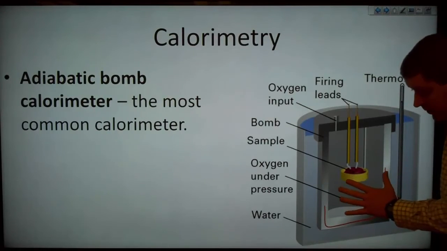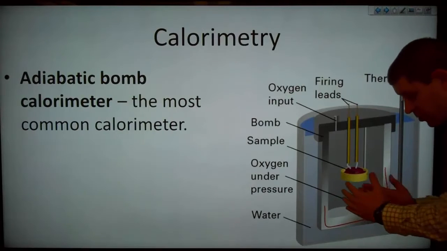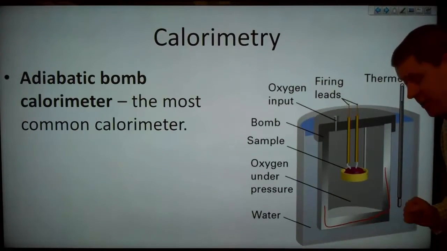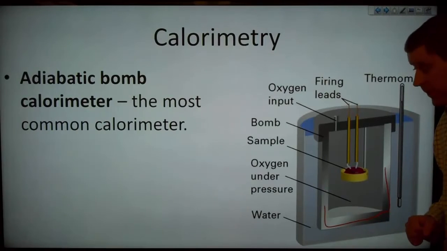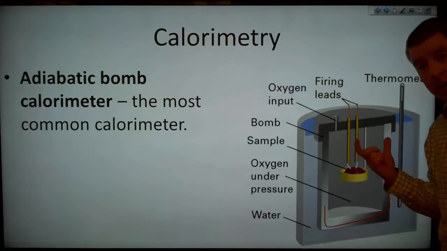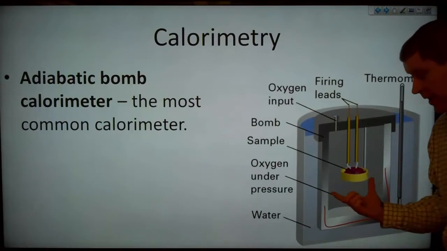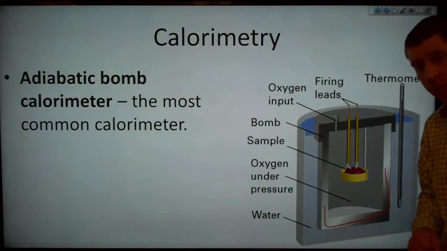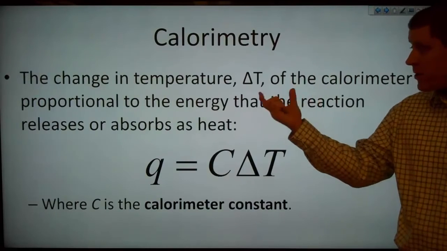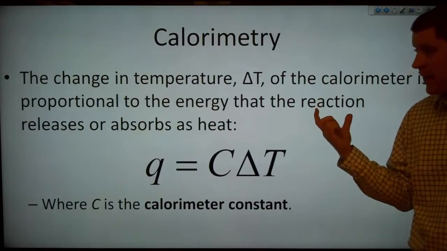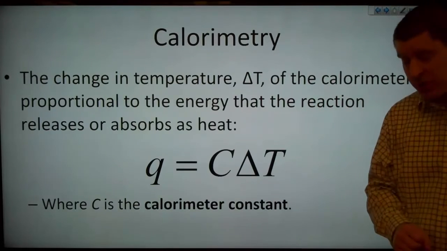That combustion reaction releases heat that goes out through the metal walls of our bomb and heats up the water surrounding the bomb. We can then calculate how much heat was released if we know the heat capacity of our bomb calorimeter. The change in temperature, delta T, of the calorimeter is proportional to the energy that the reaction releases or absorbs as heat.